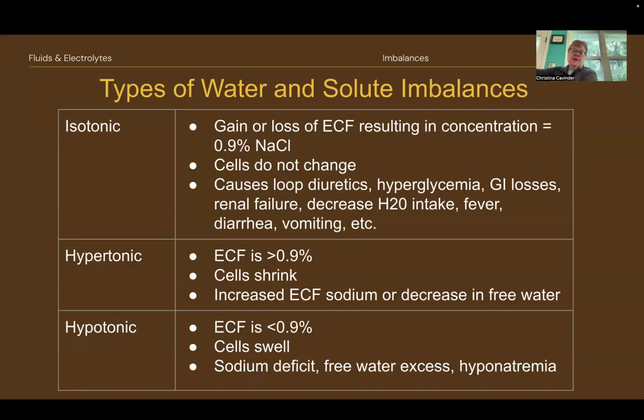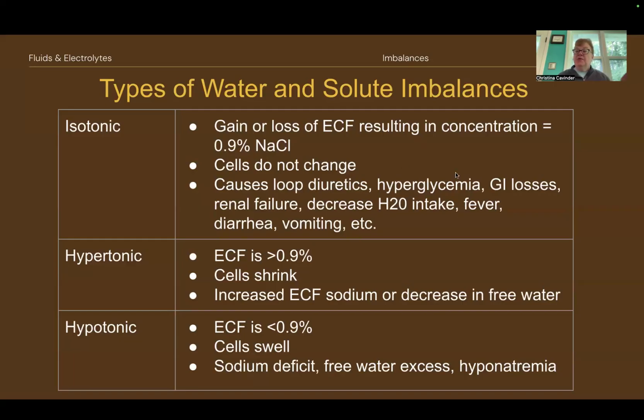All right. Types of water and solute imbalances. The body does a really good job of trying to keep these balanced, but there are some imbalances. In an isotonic imbalance, we have a gain or loss of extracellular fluid resulting in a concentration of 0.9% sodium chloride. You might recognize that 0.9%.